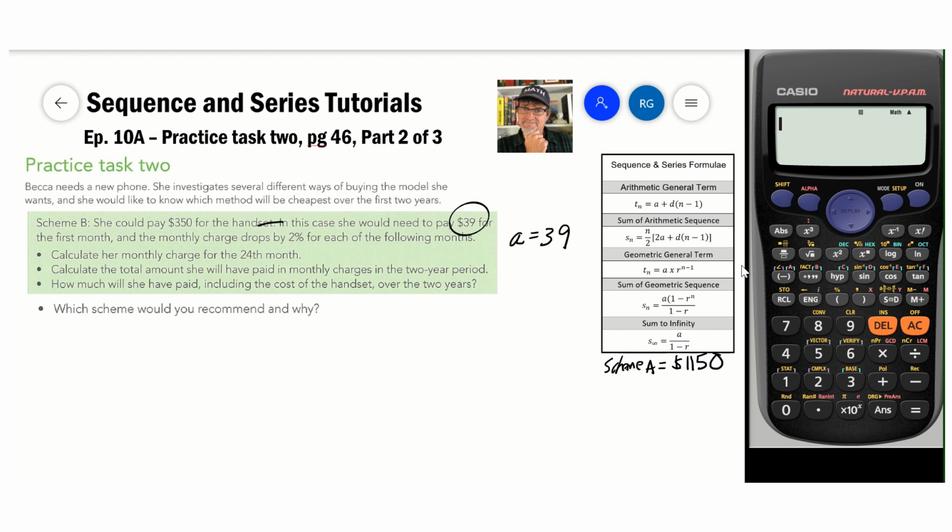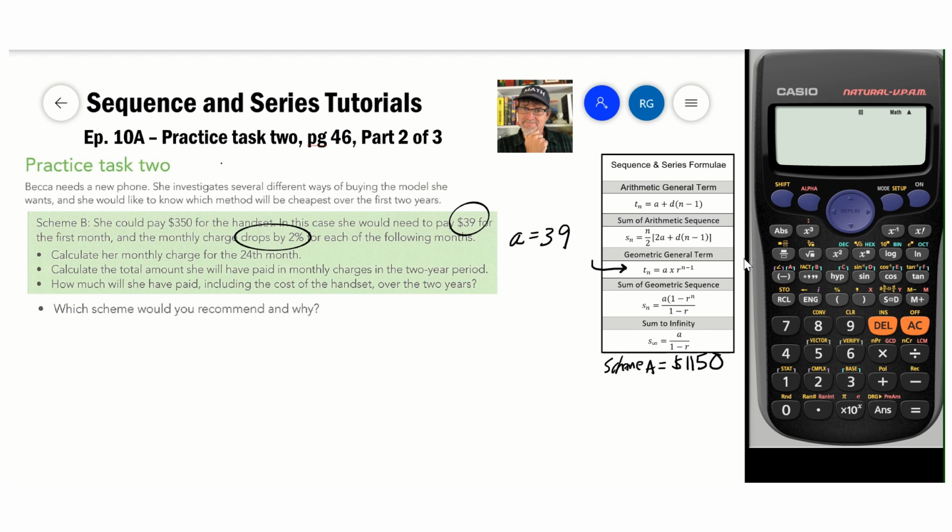Now, the monthly charge drops by 2% for each of the following months. Well, when they use percent, it means they're multiplying by a decimal percent. So that's their clue that it's a geometric sequence, not an arithmetic sequence like Scheme A was. So we're going to be looking at the geometric general term for this first one. So we need an R, which is a common ratio, and that comes from this percent here.